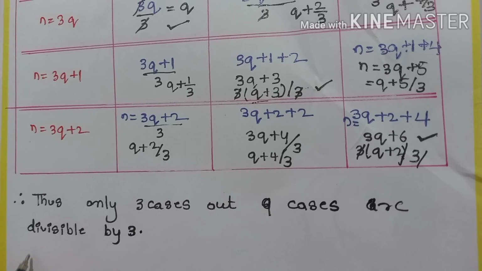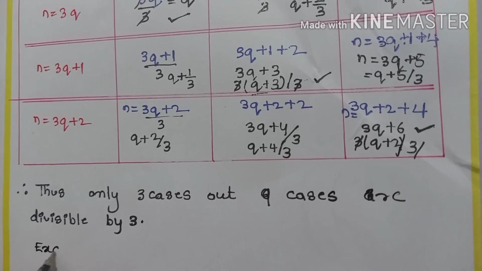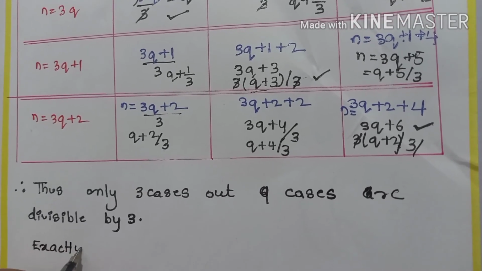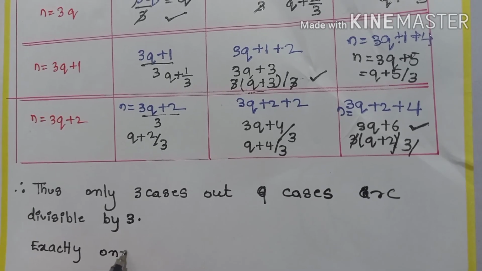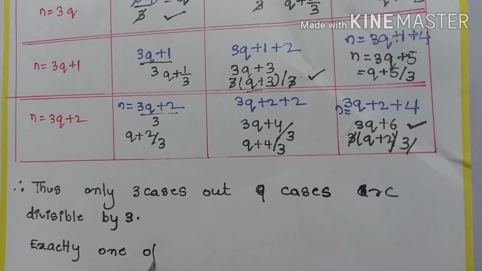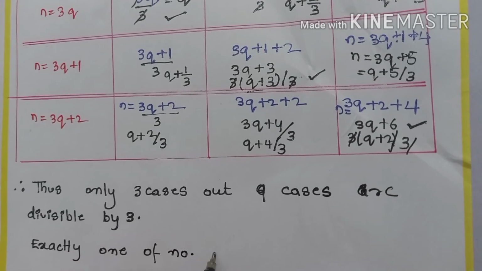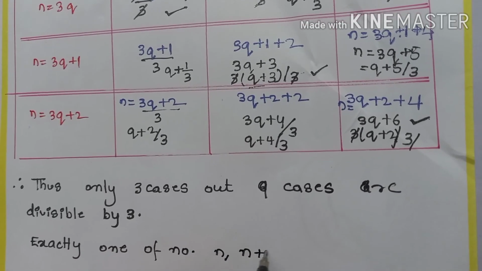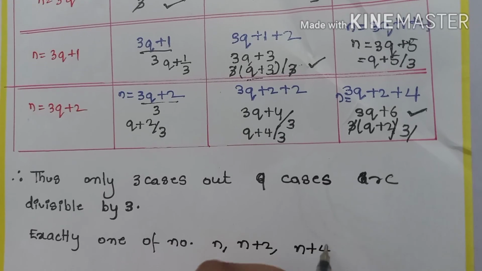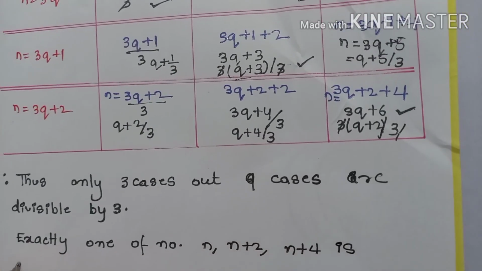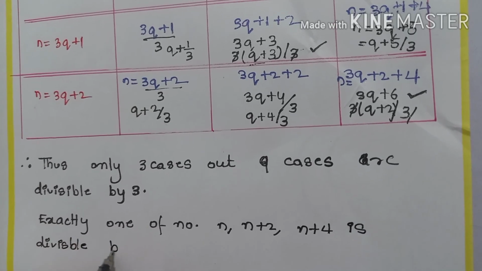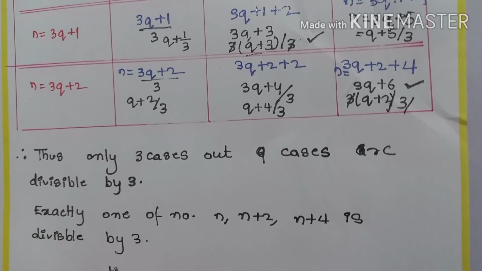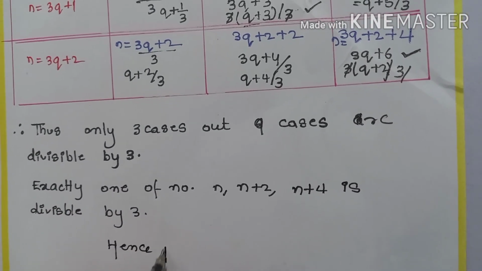So the conclusion: it is a proof, so there should definitely be a conclusion written. Exactly one of the numbers n, n plus 2, n plus 4 is divisible by 3. So it is divisible by 3, hence proved.